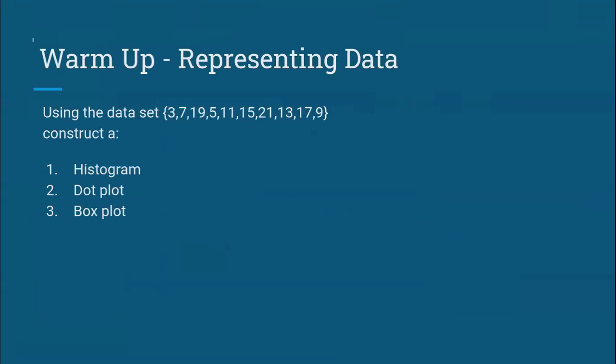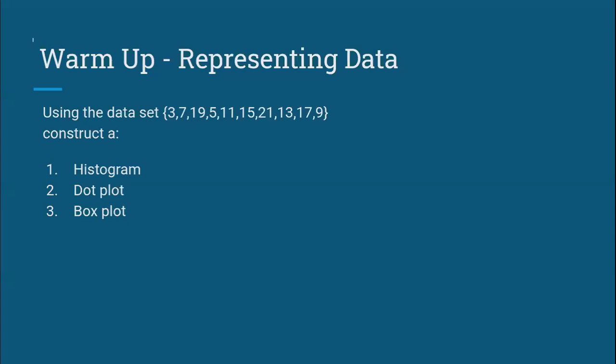So our warm up. Let's talk about data. If you are given this data set, 3, 7, 19, 5, 11, 15, 21, 13, 17, 9, and asked to construct a histogram of this data and a box plot of the data.